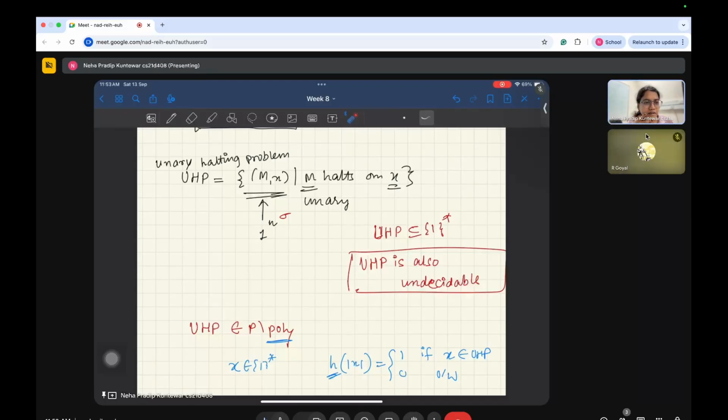If I write, say, 1,000 ones over the tape of a newly constructed deterministic Turing machine, and I advise it to display one if this is an instance of the UHP or not, the Turing machine will say that it does not know whether this is an instance of the UHP or not. Quite possible that I can always model these 1,000 ones as an instance of a UHP: some portion to decode the functioning of the Turing machine, and some portion for the input.